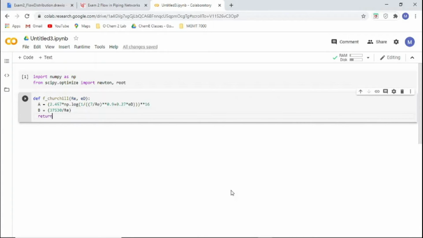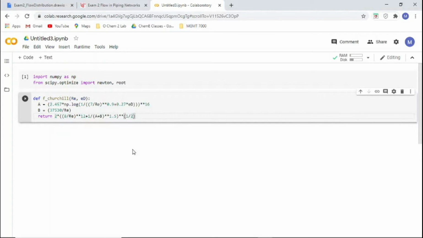And we'll want to return the equation using A and B to get the Fanning friction factor, which is going to be 2 times (8 divided by the Reynolds number) to the 12th plus 1 divided by (A plus B) to the 1.5, all to the 1/12.